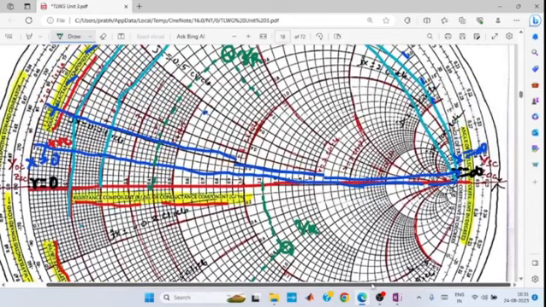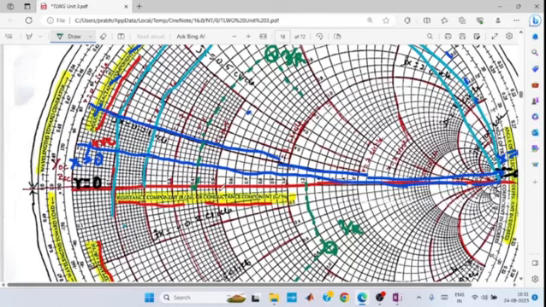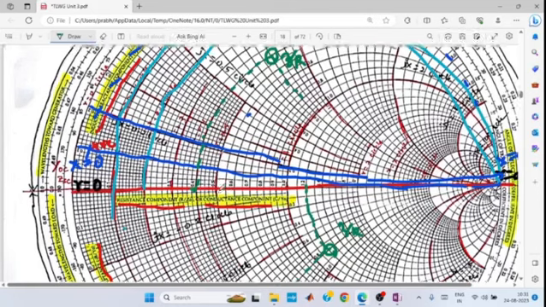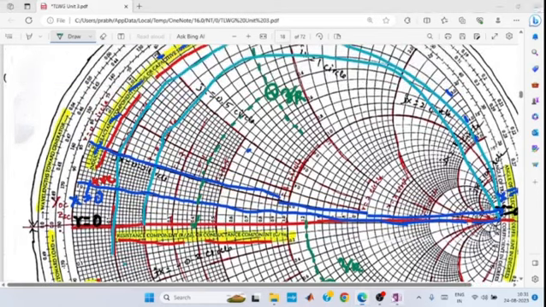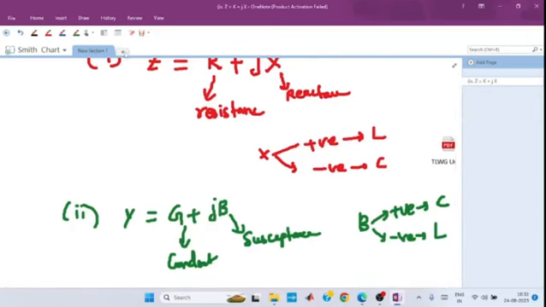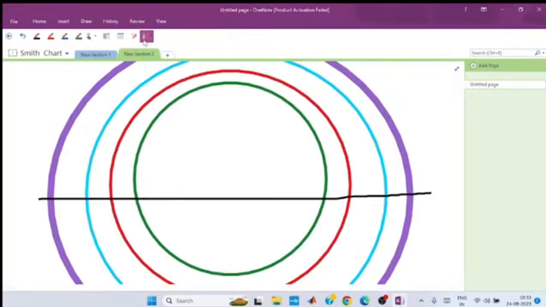In addition, there are 4 peripheries available on the outer side of the Smith chart. Let me explain it. The innermost one is the reactance component, inductive reactance or capacitive susceptance component.